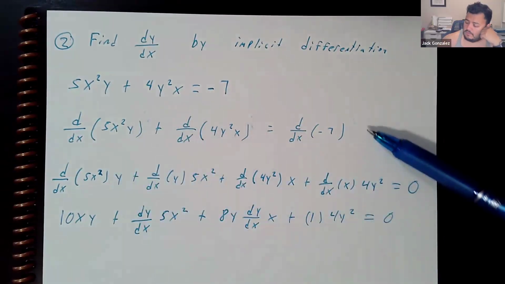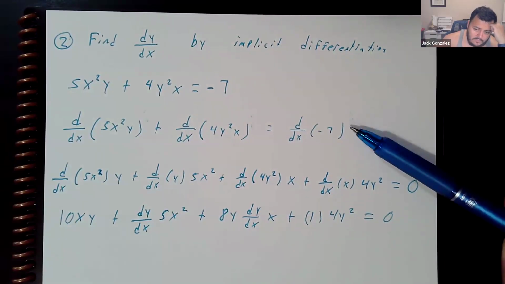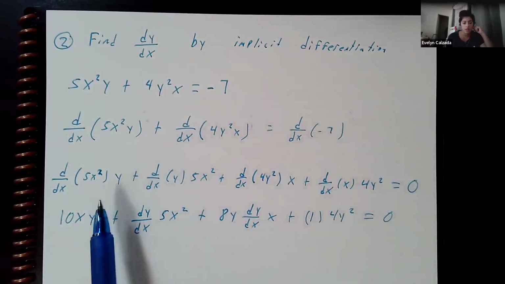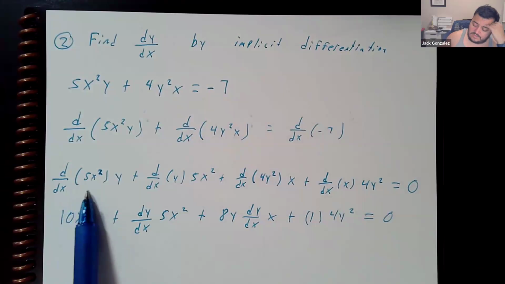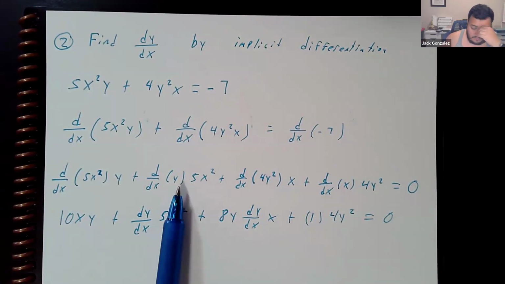From here to here, I'm setting it up. I'm about to take the derivative. Here the derivative is beginning to happen, but it looks like this because of the product rule. Let me find the note real quick.